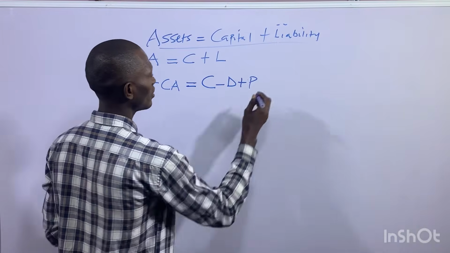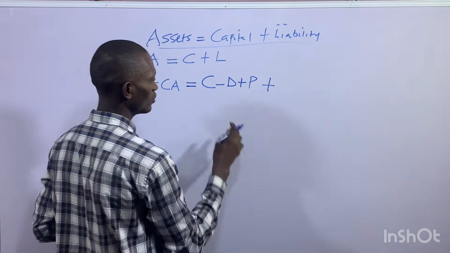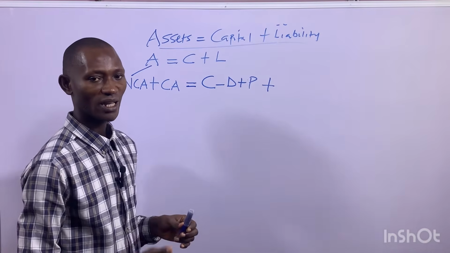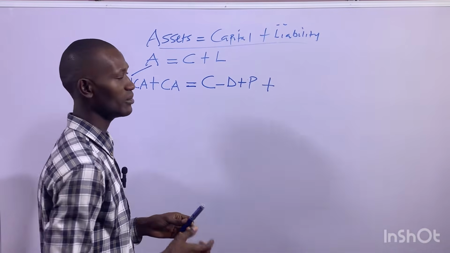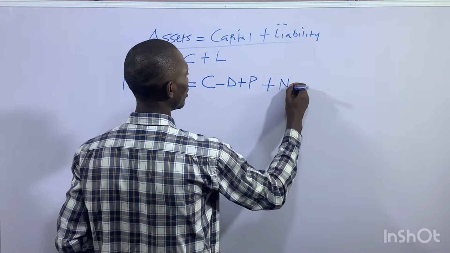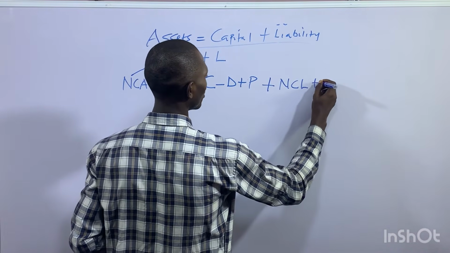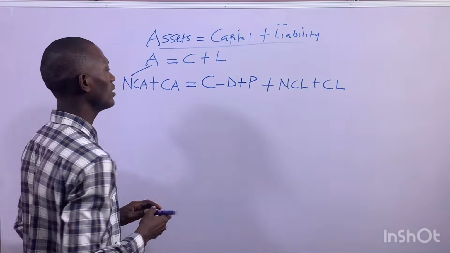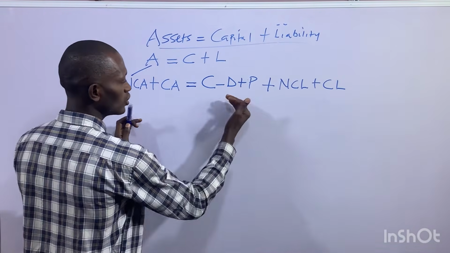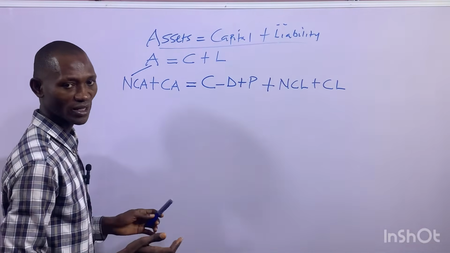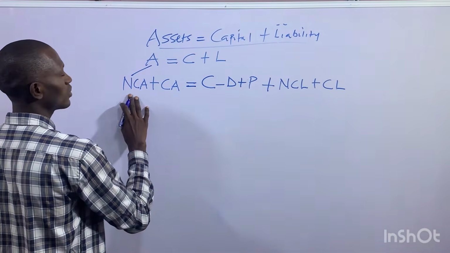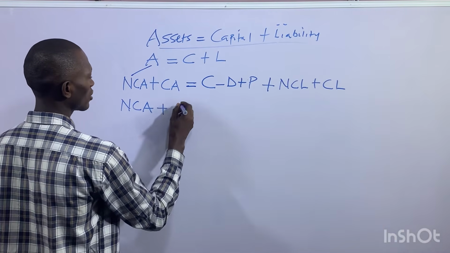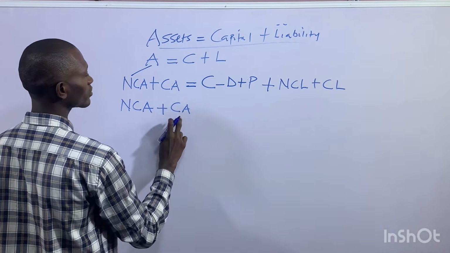Then liability now. We have plus. Don't forget, we did say liability is classified into non-current liability and current liability. So we have non-current liability plus current liability. So this is what we have. What we want to do in the next step now is collection of like terms. So non-current assets plus current assets.